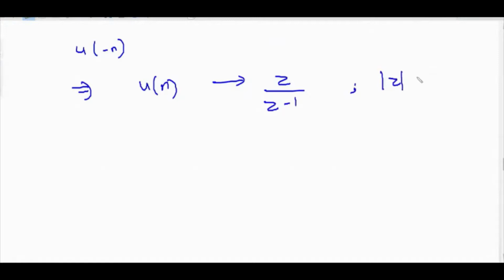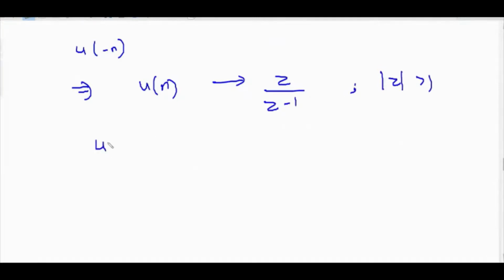Let's look at some examples. Find z transform of u of minus n. We know that u of n has z transform z upon z minus 1 and ROC is magnitude z greater than 1.